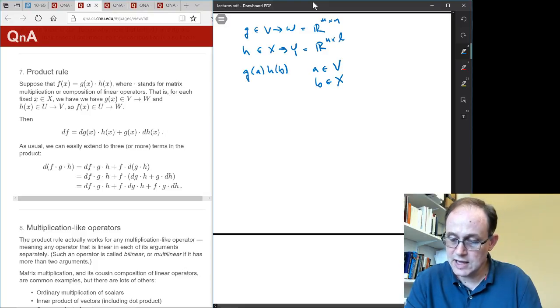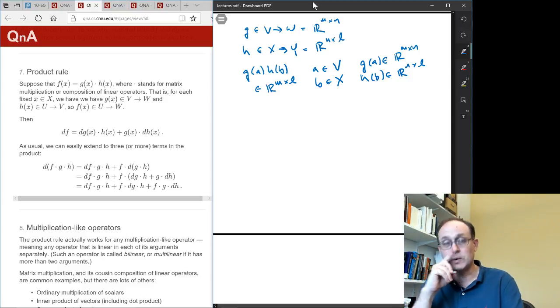Right, a is in v, b is in x, and then g of a is in R^(m by n), h of b is in R^(n by l), and then this whole thing is in R^(m by l), right?